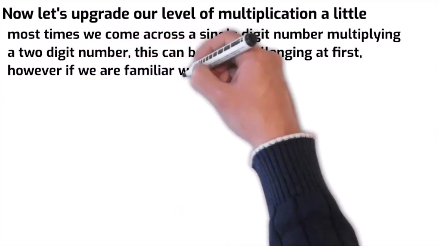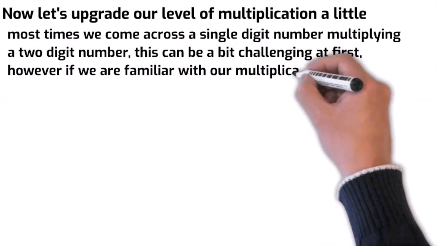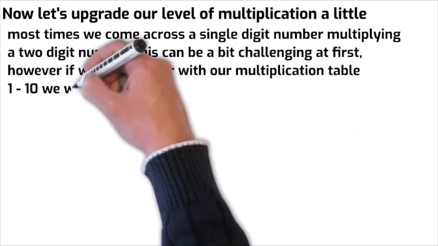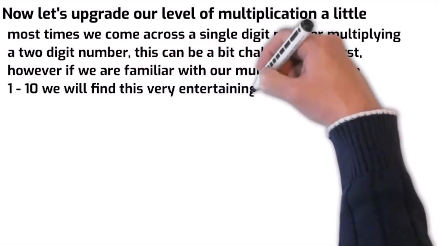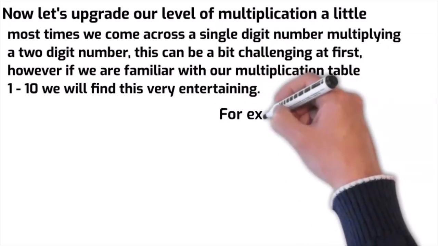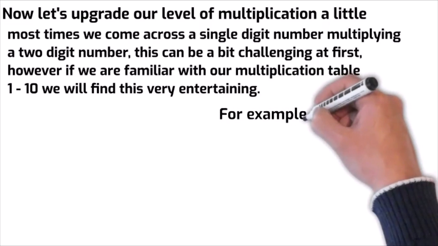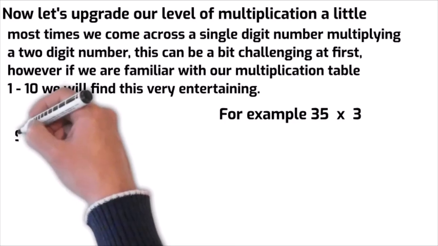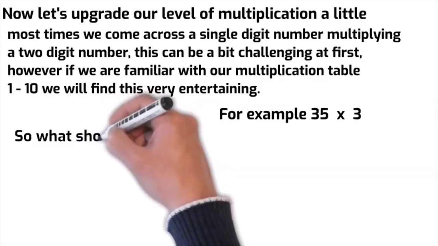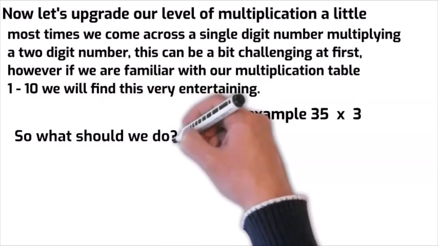However, if we are familiar with our multiplication table, 1 through 10, we will find these very entertaining. For example, 35 times 3. Here, we don't have to count 35 3 times or 3 35 times. That won't be nice. So, what should we do?